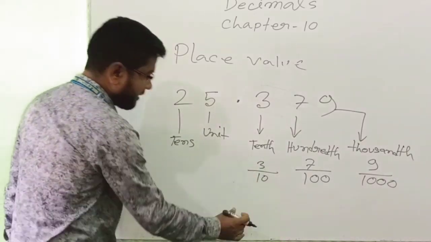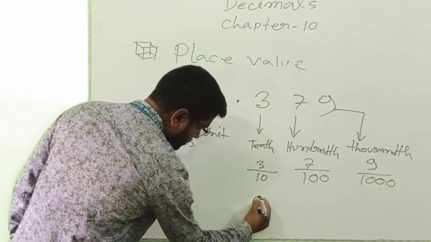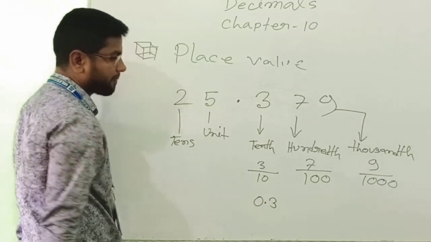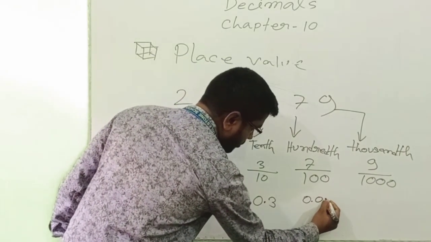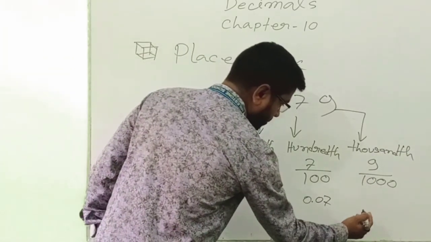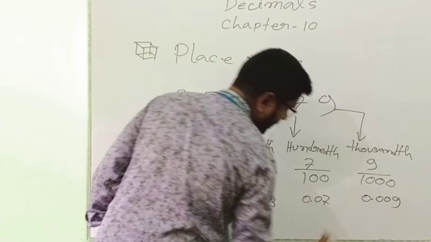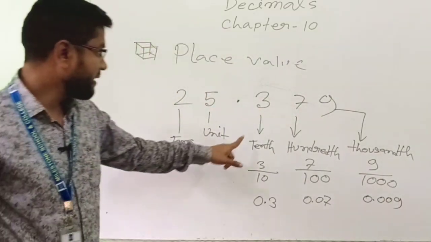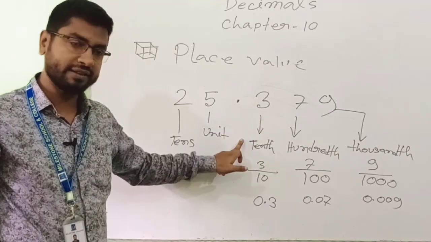So look, if we go for place value, 0 decimal 3, this part is 0 decimal 07. That means after the decimal 2 digits. Its part is 0 decimal 009. It has the same meaning. We can read this as 3/10.